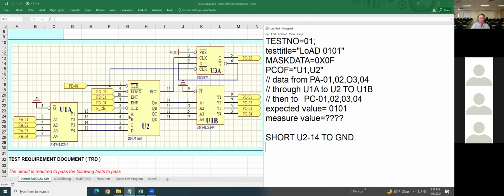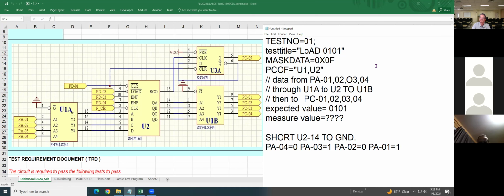Yeah, the only reason I was going to answer your question is that I was trying to see from the top which is which, because you said PA pin 0, 4 equals 1, 0, okay? PA pin 0, 3 equals 1. PA 0, 2 equals 0. And PA 0, 1 equals 1.